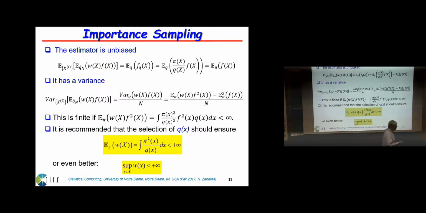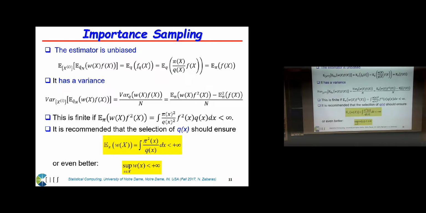And W squared is pi squared over Q squared under Q, so you're going to get pi squared over Q squared times Q, because in an expectation one of the Q's will cancel, and then you're going to have pi over Q times pi, which is W times F squared under pi. You see that? Just simple algebra.